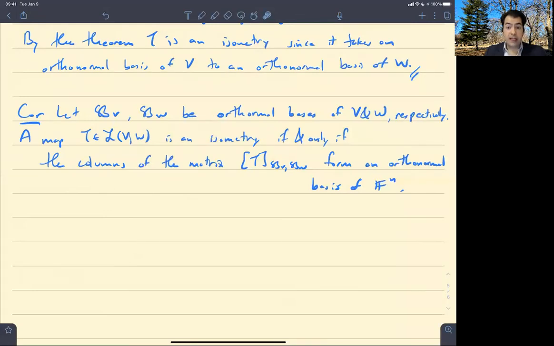Okay, so key thing is that these are orthonormal bases. Okay, this is very much not true if you're working with bases that are not orthonormal, right?